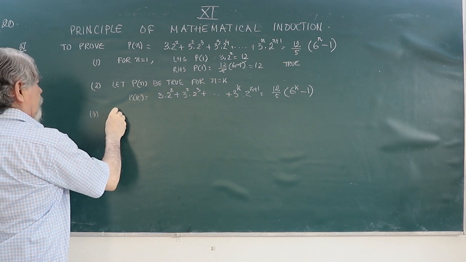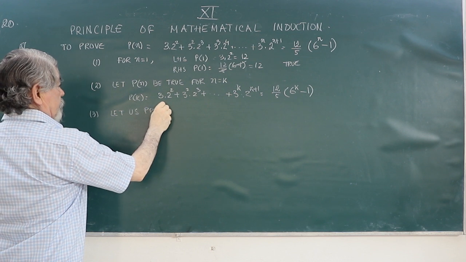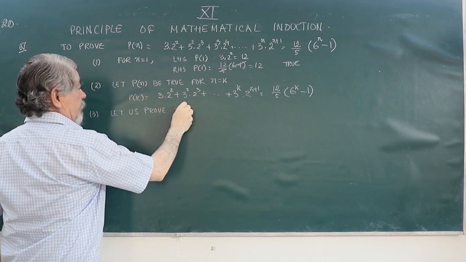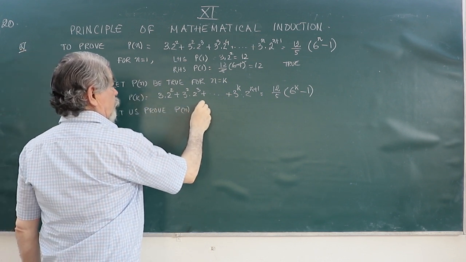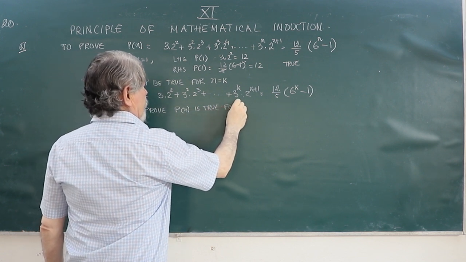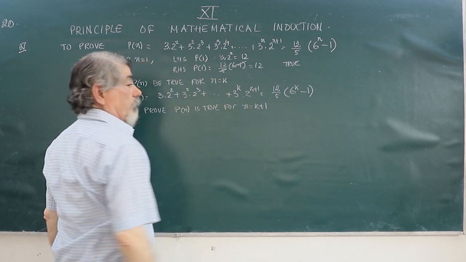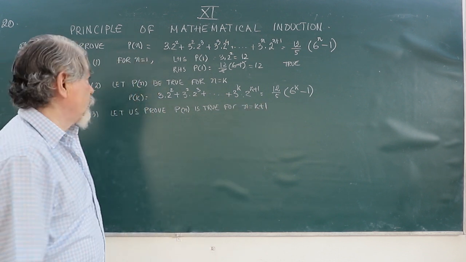Let us prove Pn is true for n is equal to k plus 1. So let us replace n by k plus 1.